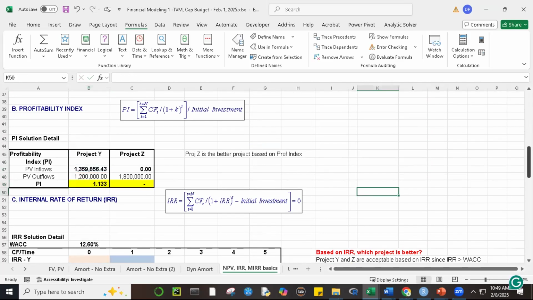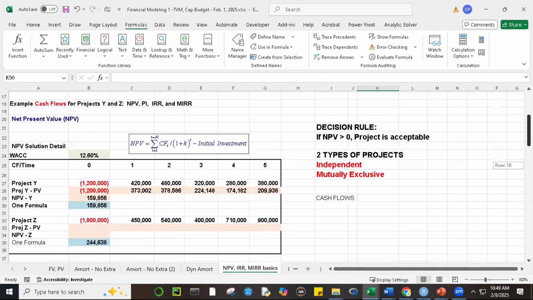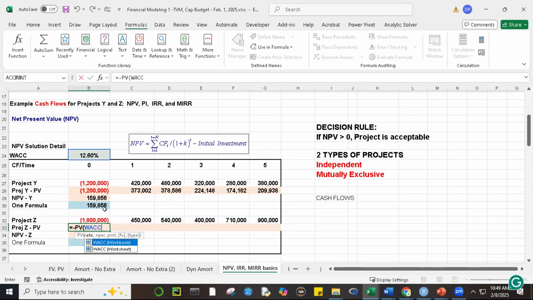Okay, so for project Z, I didn't put it here, but I think I should copy this. Excuse me. Okay, so this is negative PV. Rate is your WACC. Okay, let me just point this out. WACC, comma, and then NPER is this one.